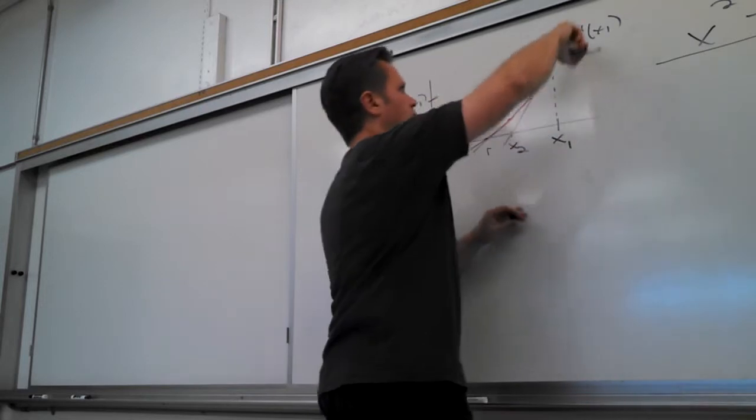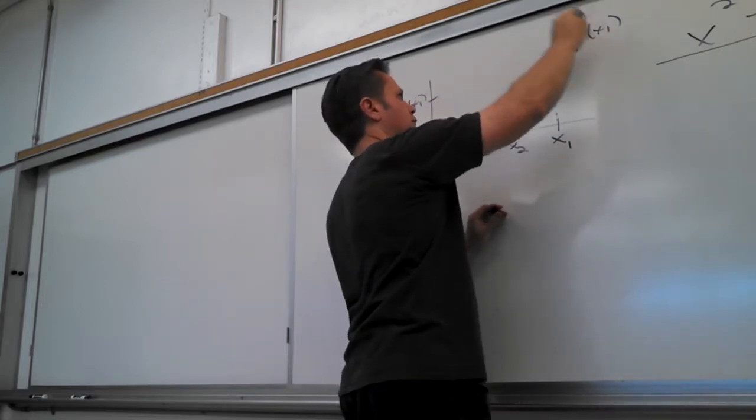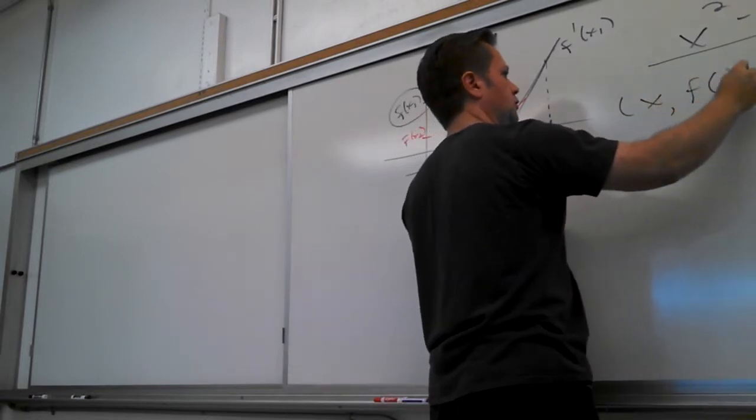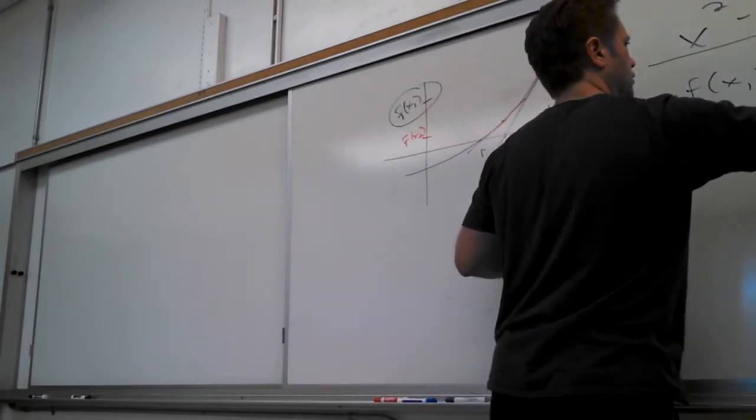Given x1, we find f prime is the slope. So we have the point x1, f of x1, and we have the slope f prime of x1.